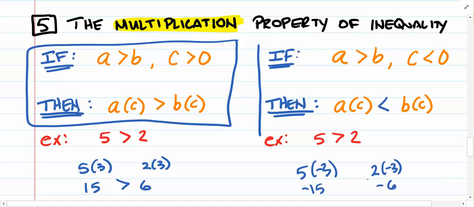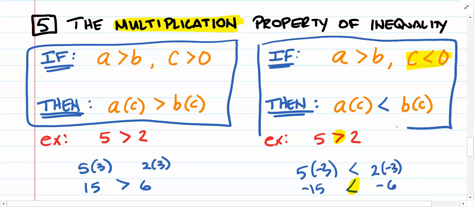It's further away from 0, so I have to reverse the direction of the inequality sign. Notice that I started with a greater than statement and I ended with a less than statement because my C value was negative. So, very important, whenever you multiply or divide by a negative number on an inequality, we reverse the direction of the inequality sign.